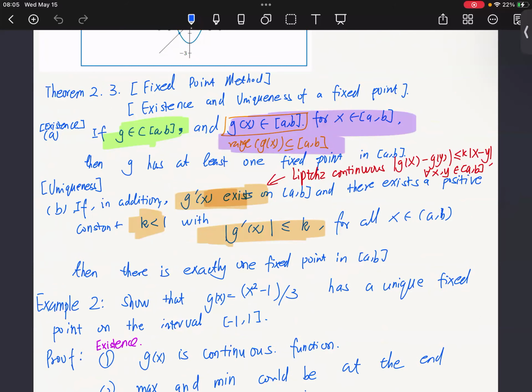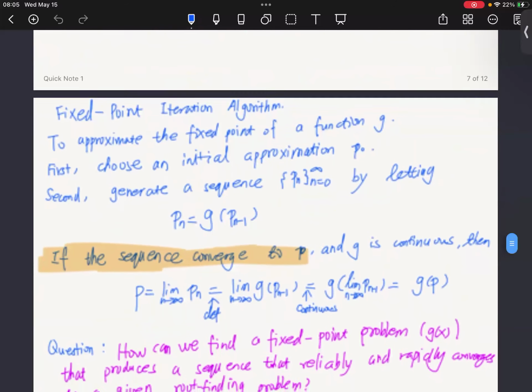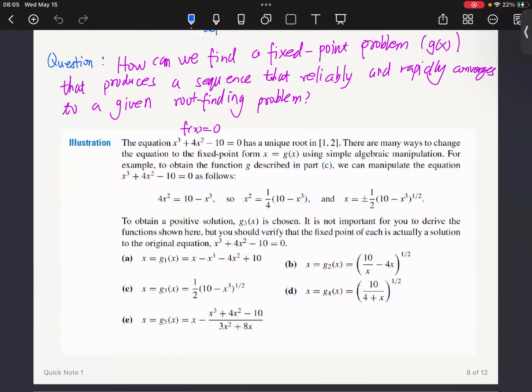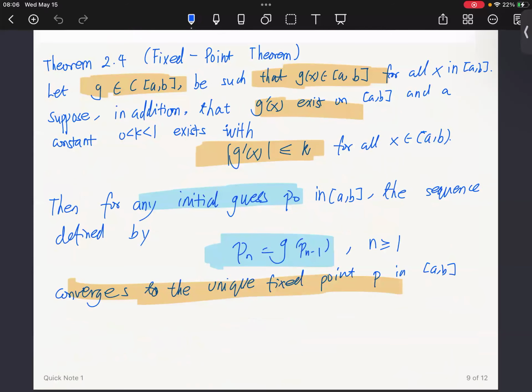And theorem 2.4 tells you that the algorithm actually converges with some assumptions on the g function. The assumption here is the same as the one we have for theorem 2.3. But here we have the generation of the sequence, the p_n sequence.